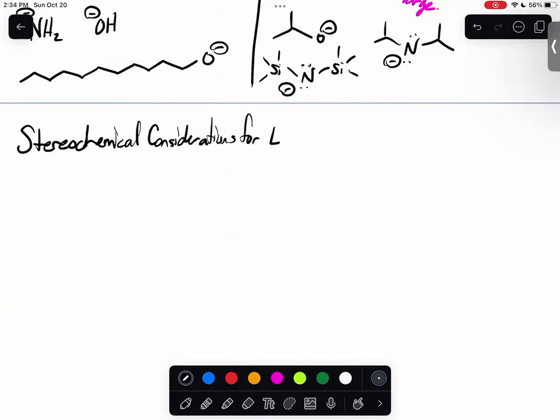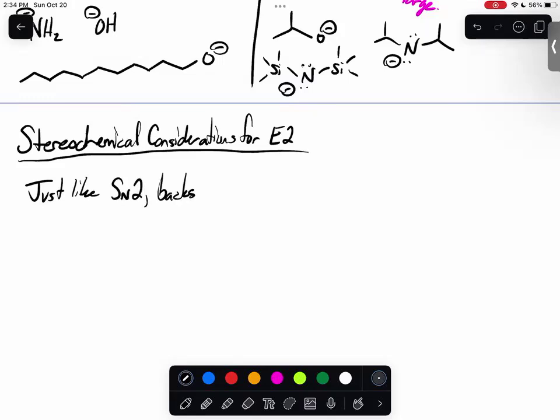All right, so essentially, just like SN2, E2 needs a backside attack to kick out the leaving group, right? So it's just like our good old SN2, we need the backside attack. But what this looks like for E2 is a little different.